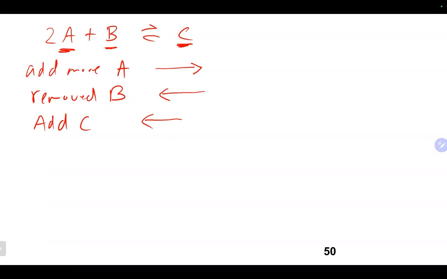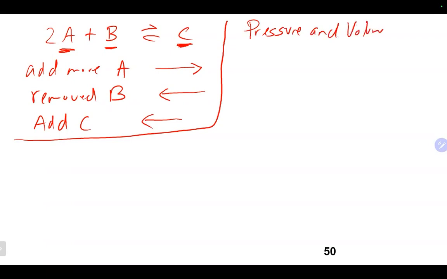Okay, the next thing we're going to talk about in terms of Le Chatelier's principle is the idea of pressure and volume. And really, both of these are sort of tied together. As we'll talk about in the next chapter, we're going to talk about gases.